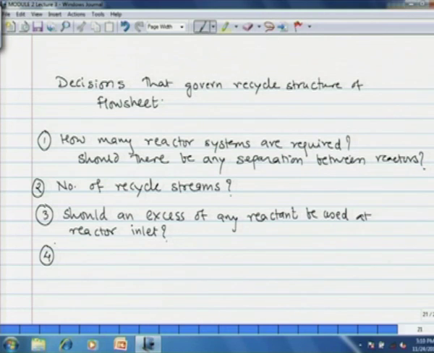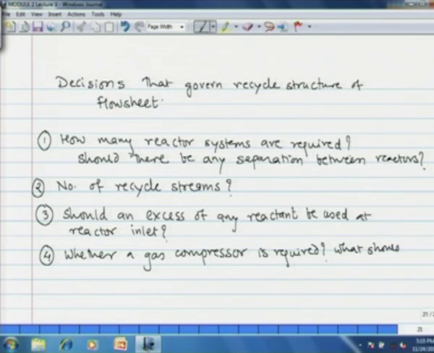Then the next decision is whether a gas compressor is required, and then what should be its capacity and the typical cost.